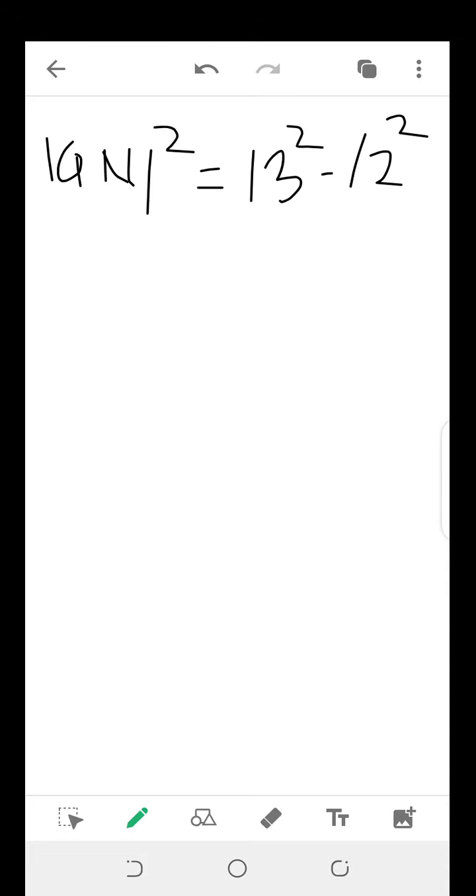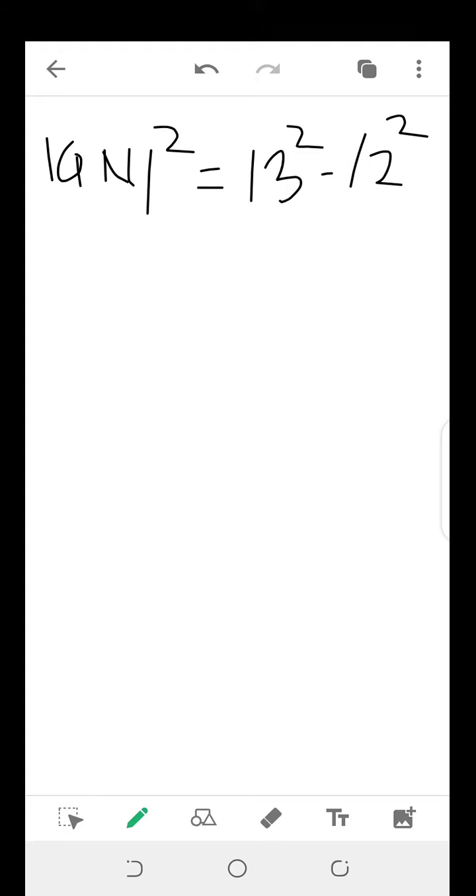All that we need to know from the diagram is that QP is the hypotenuse. So the hypotenuse square should be equal to the sum of the other sides square. That's QP square is equal to QN square plus NP square. So now we want to make QN the subject.